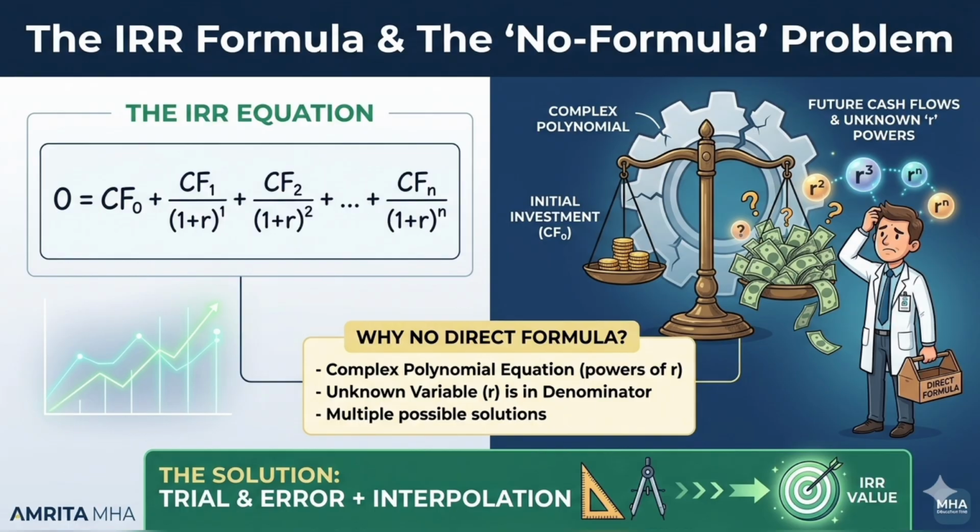CF means cash flow and it is generally calculated per year. N is the project life. So this is just an IRR equation and there is no direct algebraic formula to solve for IRR when cash flows are uneven. It is found by trial and error or interpolation methods.